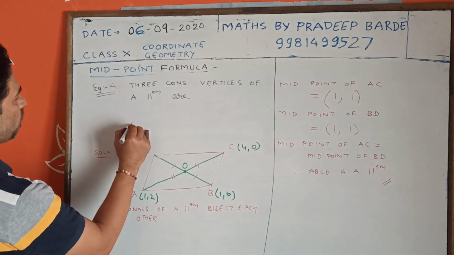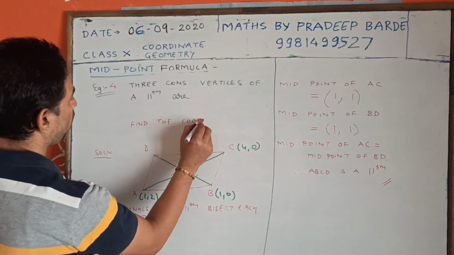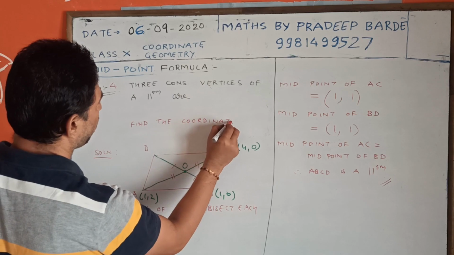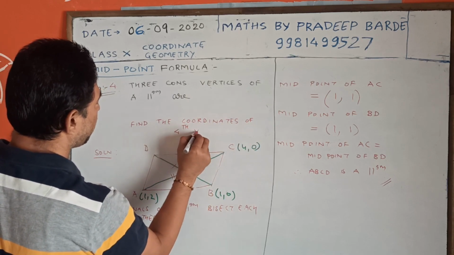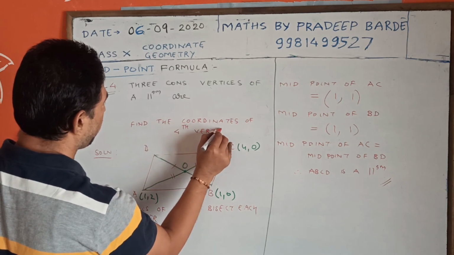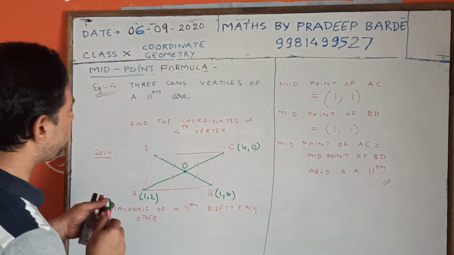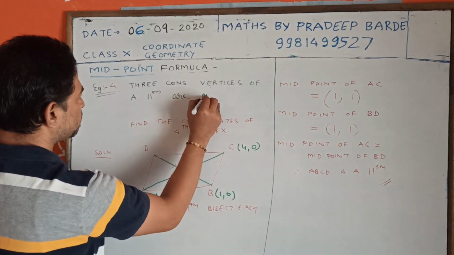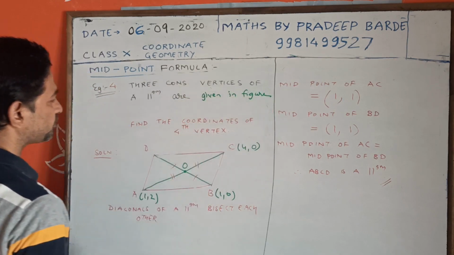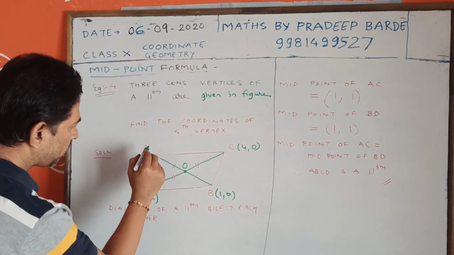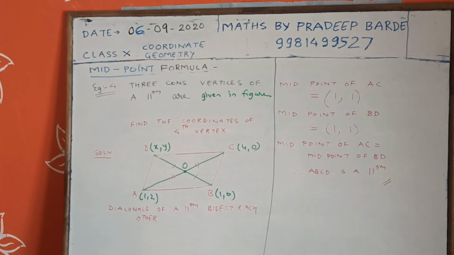Find the coordinates of the fourth vertex. फोर्थ वर्टेक्स, तो डी के कोऑर्डिनेट्स आपको फाइंड करना है बच्चों। लेट द कोऑर्डिनेट्स ऑफ डी बी (x, y).